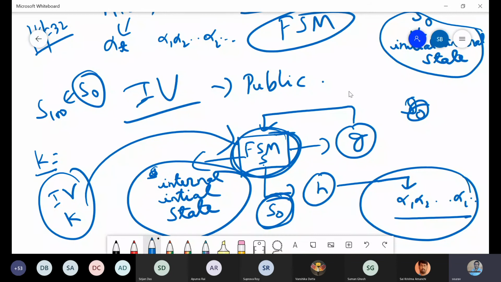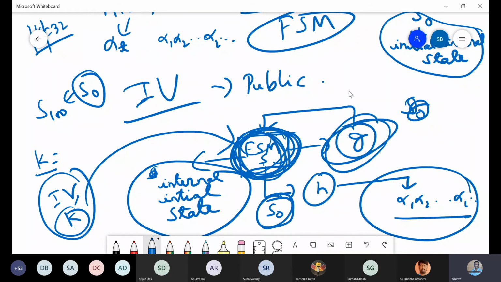Because the key size is small, we put another IV which will fit there, and this IV and key together fit in there, and we run this. We update this state by the state update function. Forget about key generation now.